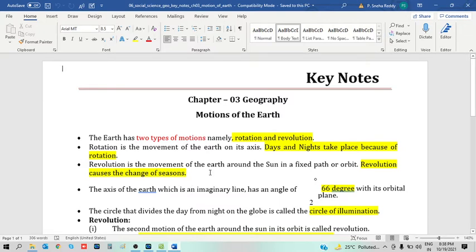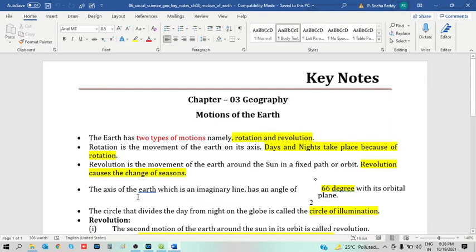Revolution causes the changes of the seasons. The differentiation is very easy to remember: rotation causes days and nights, and revolution causes change of seasons.